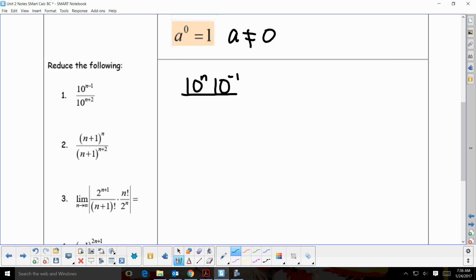Down below, I could write that as 10 to the n times 10 squared. So then what happens to the 10 to the n's? They cancel. And we're left, what am I going to do with the negative? Take it down, so it will be 1 over 10 to the third. Okay, cubed. Questions about that?